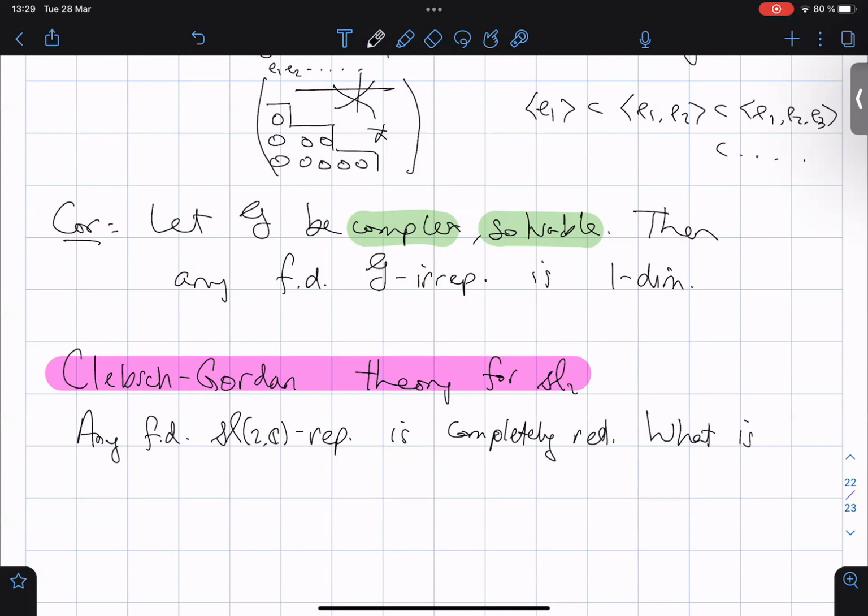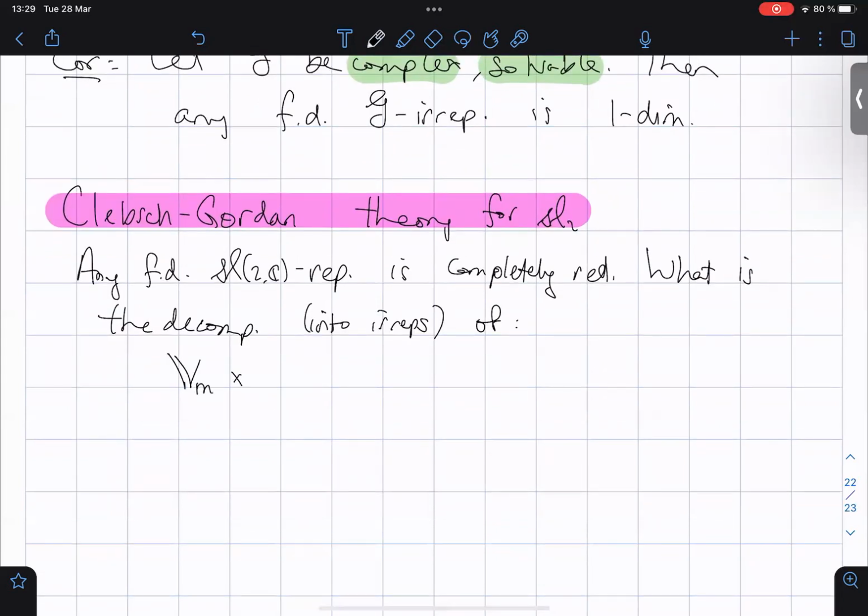So what is the decomposition into irreducibles of this more complicated object that you're building up from simpler objects? Into irreps of, say, a tensor product, or a symmetric tensor product, or a wedge product. Of course, you could deal with higher tensor products as well, or higher symmetric products, higher wedge products.